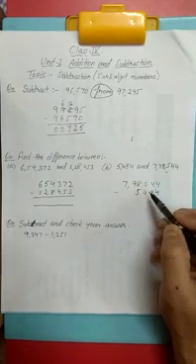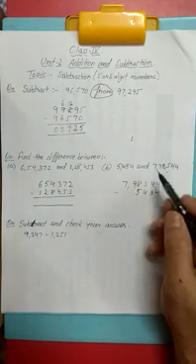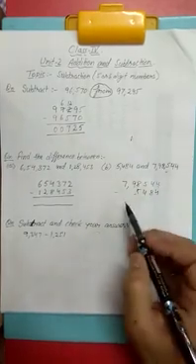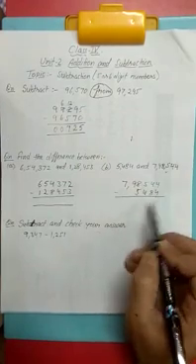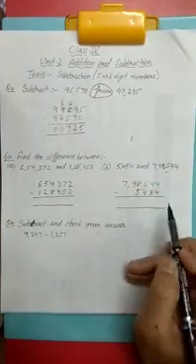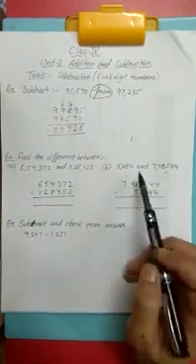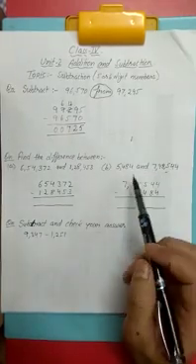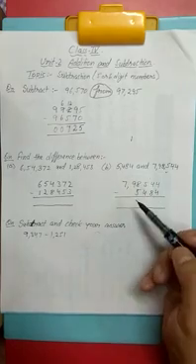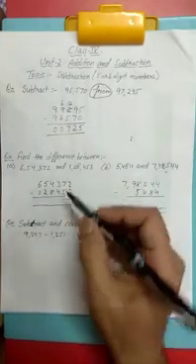So this is the most important thing when you are writing the numbers in columns. Otherwise, you will not get the answer. So in this type of question, you have to check which number is greater. Then you can subtract.